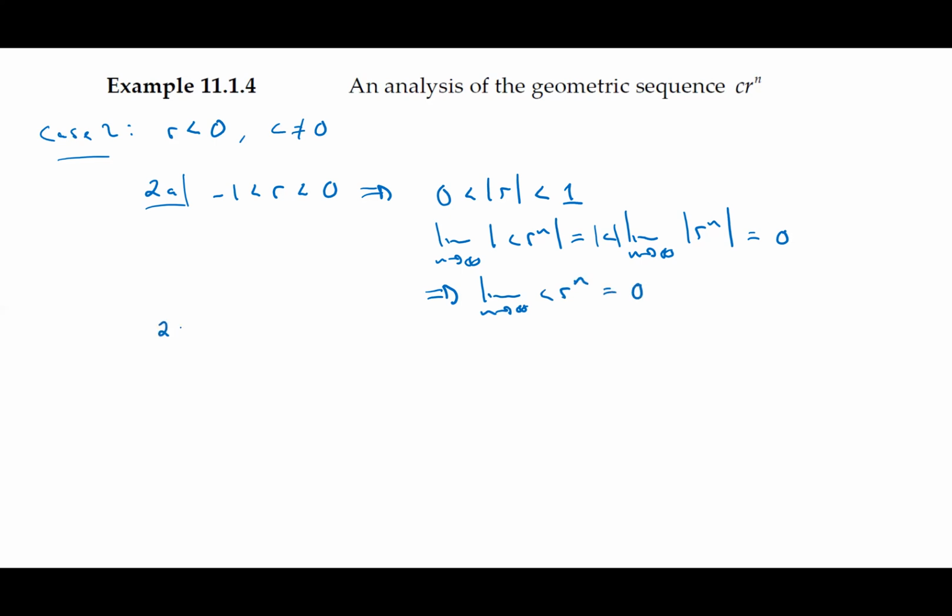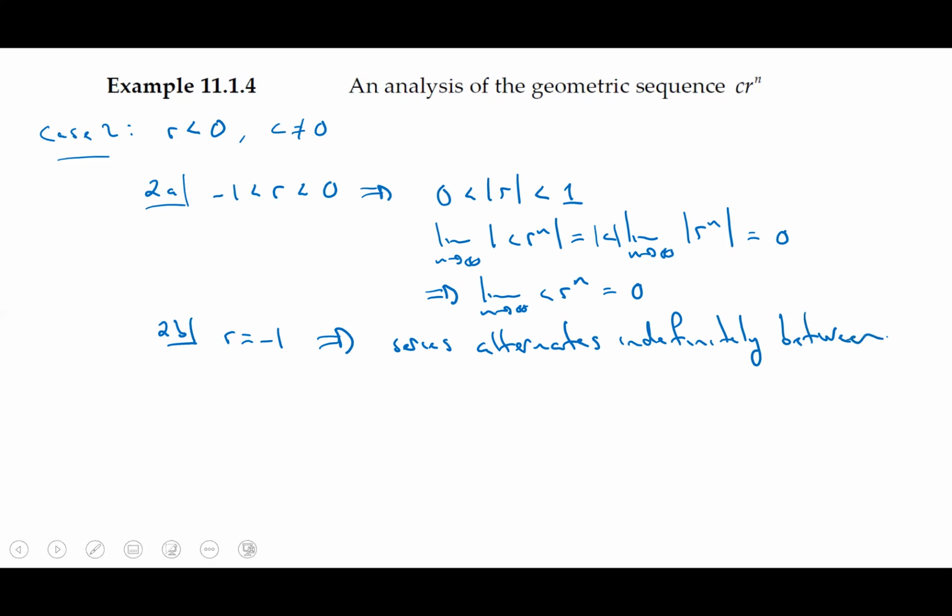And then 2b, if r is negative 1, then this series alternates indefinitely between negative c and c. So it diverges.